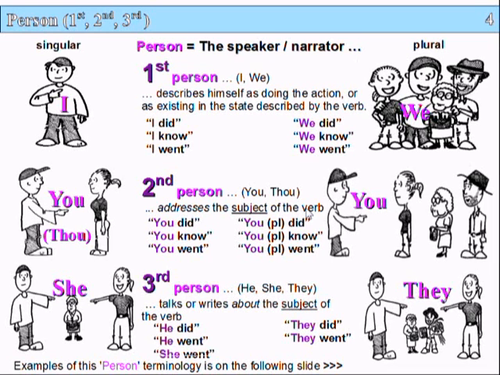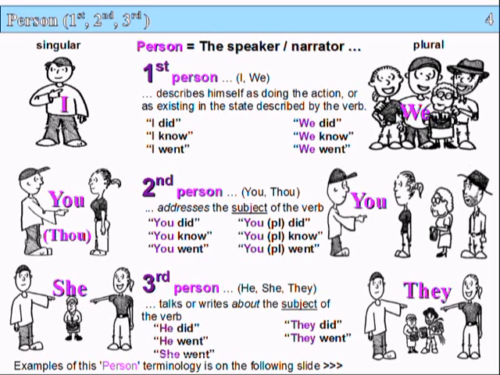So second person, you're speaking directly to somebody else. And first person, you're speaking of yourself, either singularly or as a group. So when you're speaking singularly, you say, I did, I know, I went. And when you're speaking collectively, you say, we did, we know, we went.